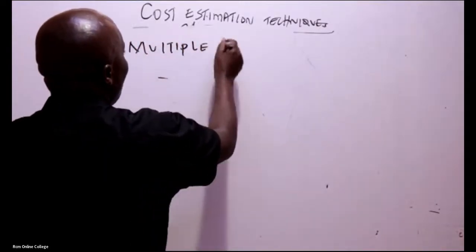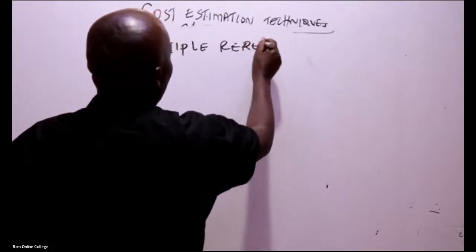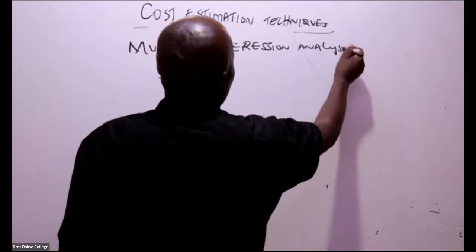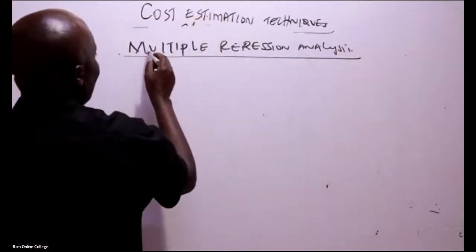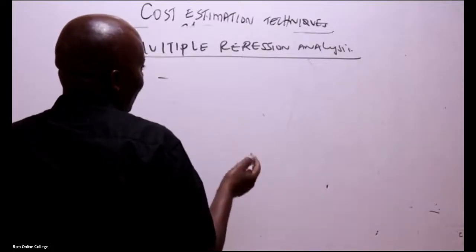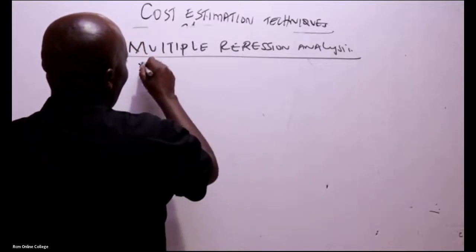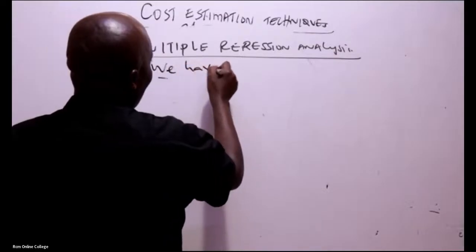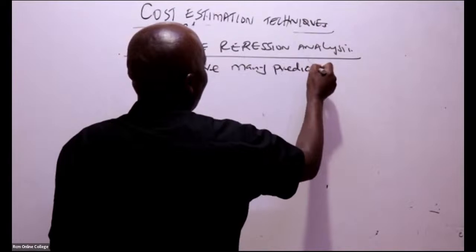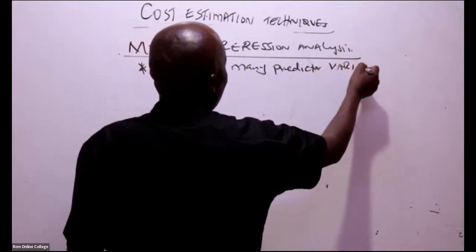ANOVA table. In most cases, they will test you on multiple regression analysis. So basically, under multiple regression analysis, we are given two or more predictor variables.